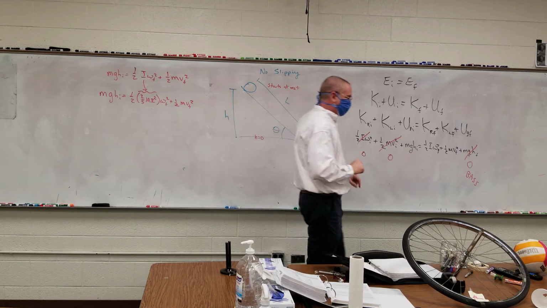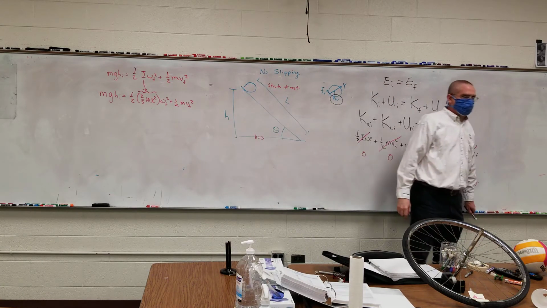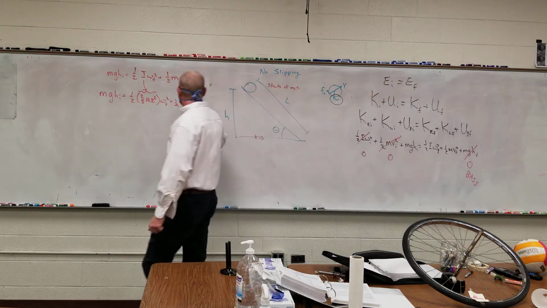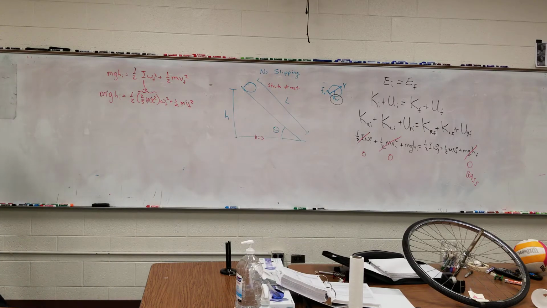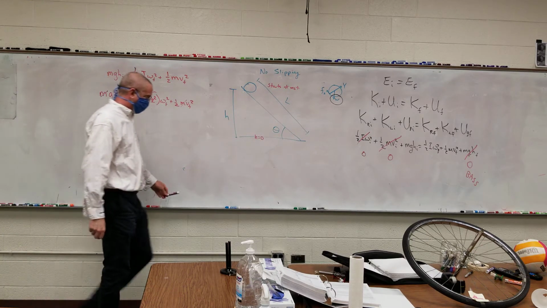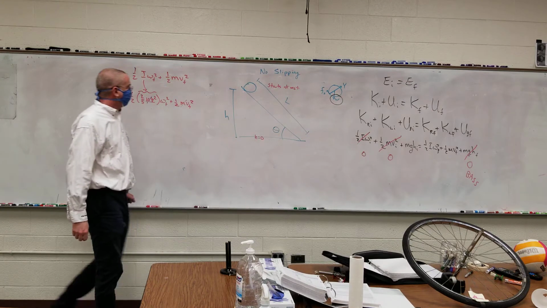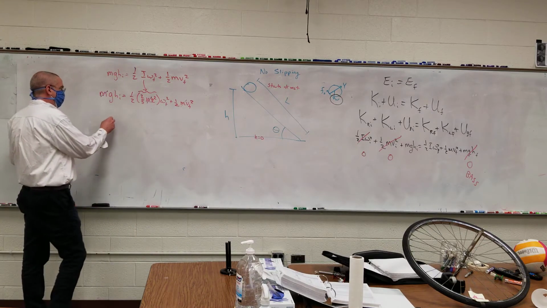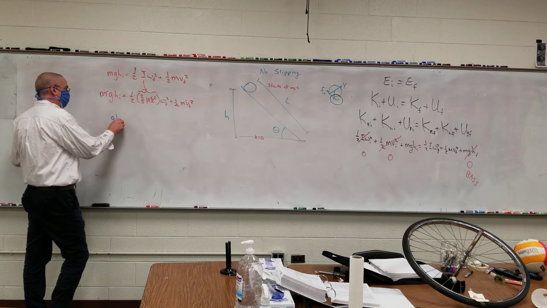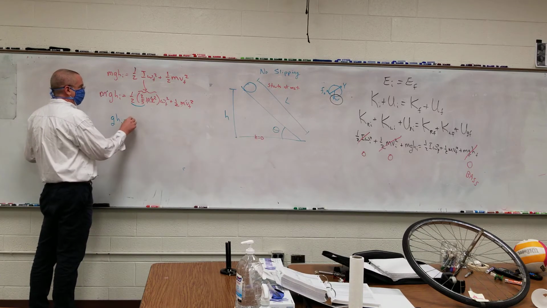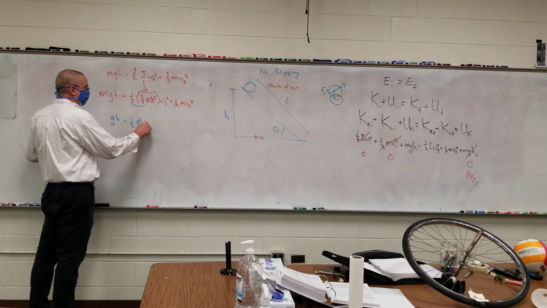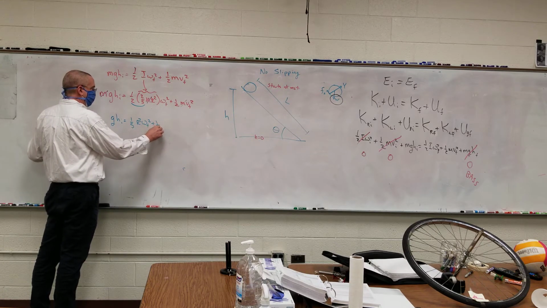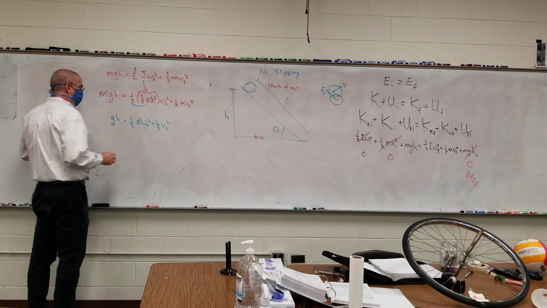Now we have mass in every term, and they are all the same mass. So now I'm down to g h initial equals one-fifth r squared omega final squared plus one-half v final squared.